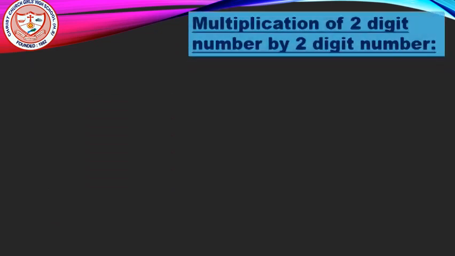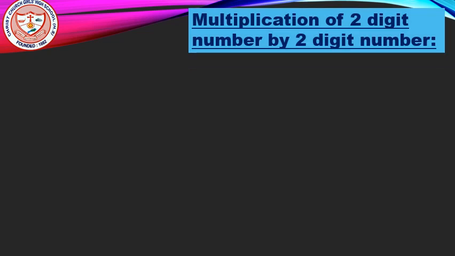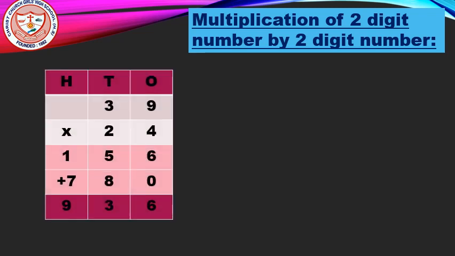Now girls, let us try multiplication of two-digit number by two-digit number. So here we have 39 into 24. Girls, as we have discussed before, we are going to solve this kind of problems in 3 steps.